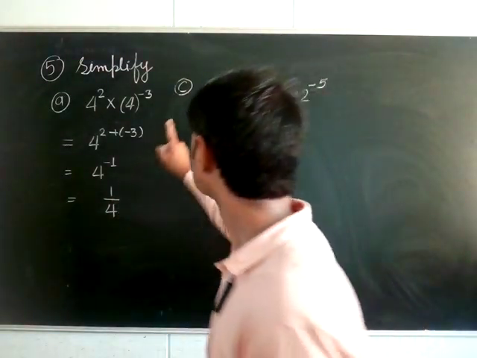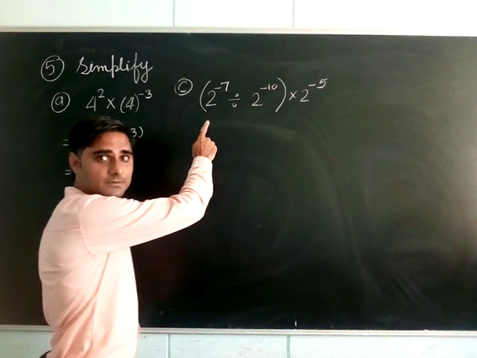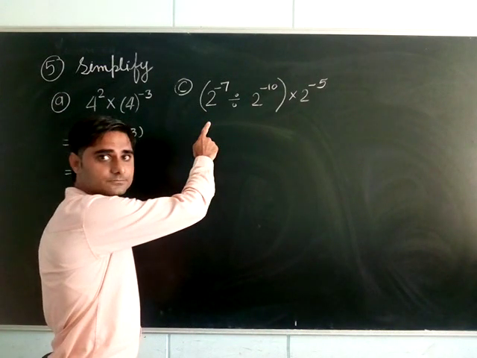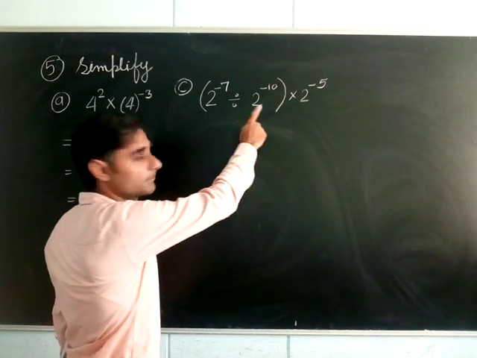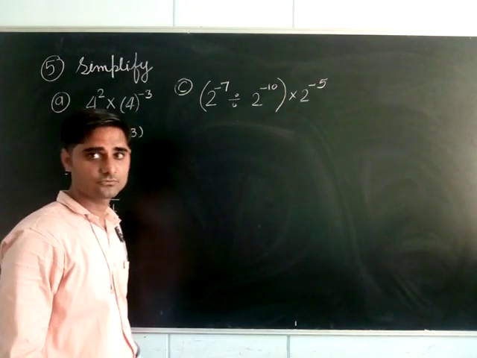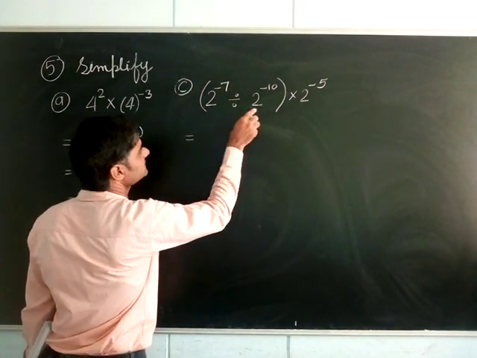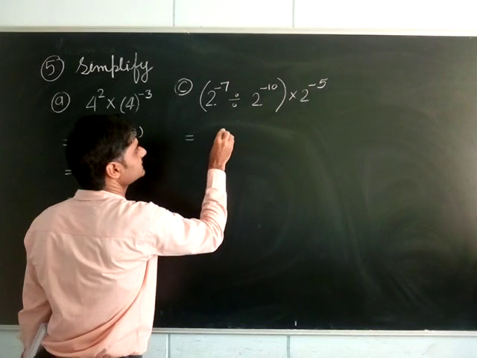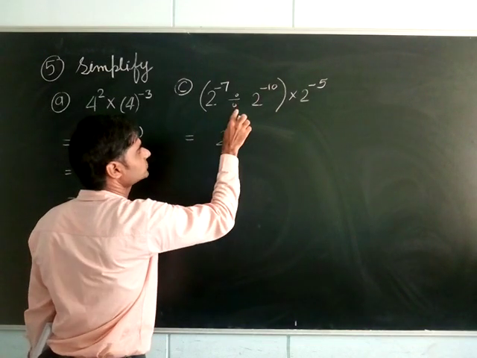Next question is this one: 2 power minus 7 divided by 2 power minus 10. Here also you can see the bases are the same. If the bases are the same, you take the common base and the powers will be subtracted because of this sign.